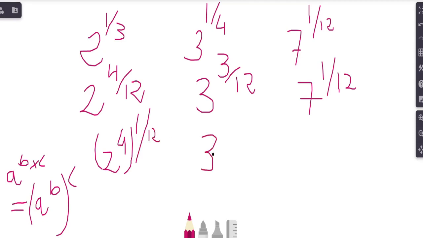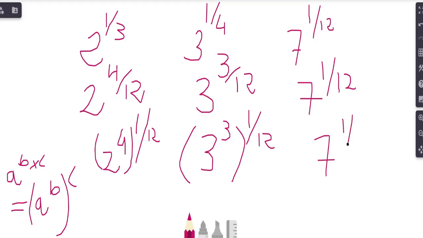Here we can say it's 3 to the 3 to the 1/12. And here we can leave it that way.